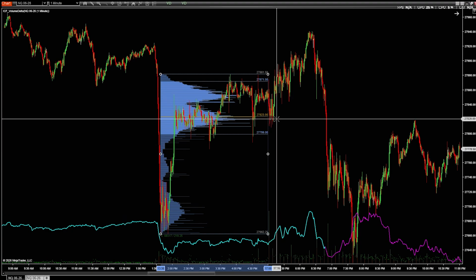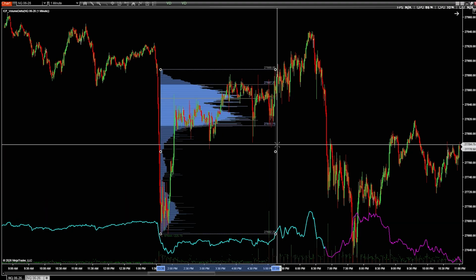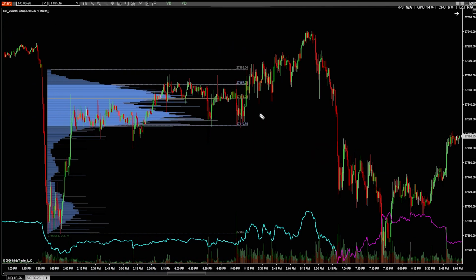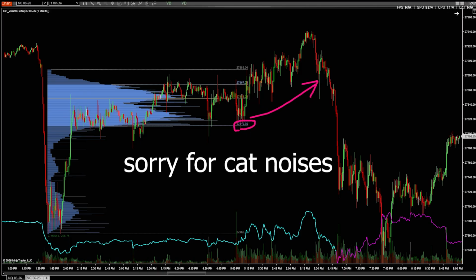If we look at the chart, we did hit the value area low here, and as you can see, it's really accurate, almost to the point. We reacted to the value area low and we jumped higher.